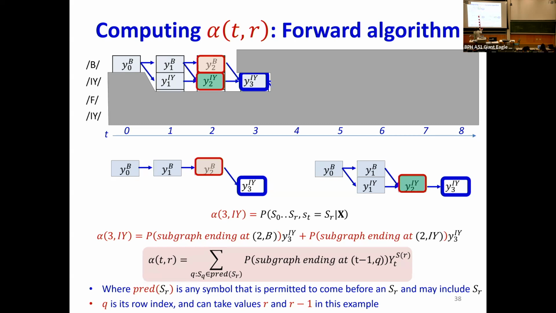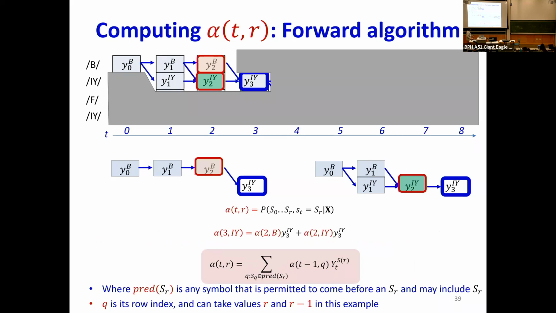And the total probability of all paths ending here is going to be alpha 2b, correct? The total probability of all paths ending here is going to be alpha 2e. And so just adding that, alpha 3e is going to be alpha 2b times y3e plus alpha 2e times y3e. Is that making sense to everybody?